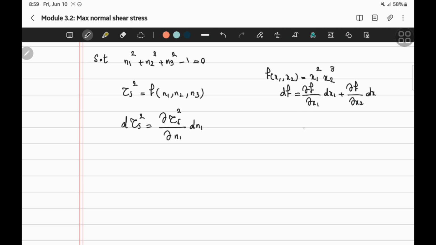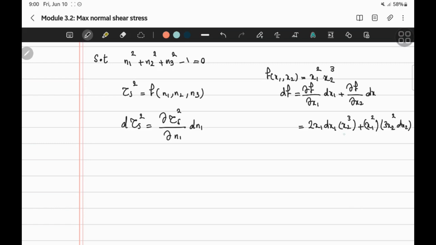Here we can simply write, in the first expression, we assume that x2 is a constant value, so we write 2x1 dx1 x2 cubed, plus, then we assume x1 is a constant value, so x1 squared times 3x2 squared dx2.